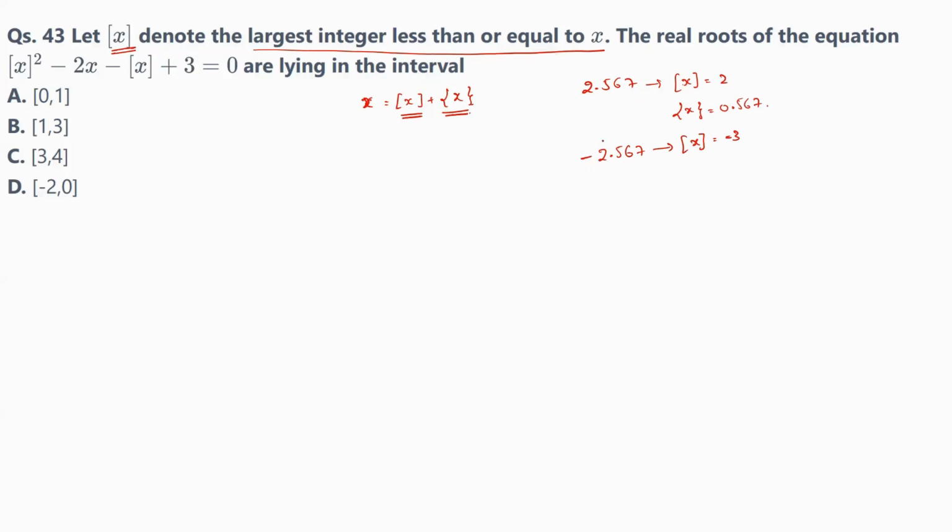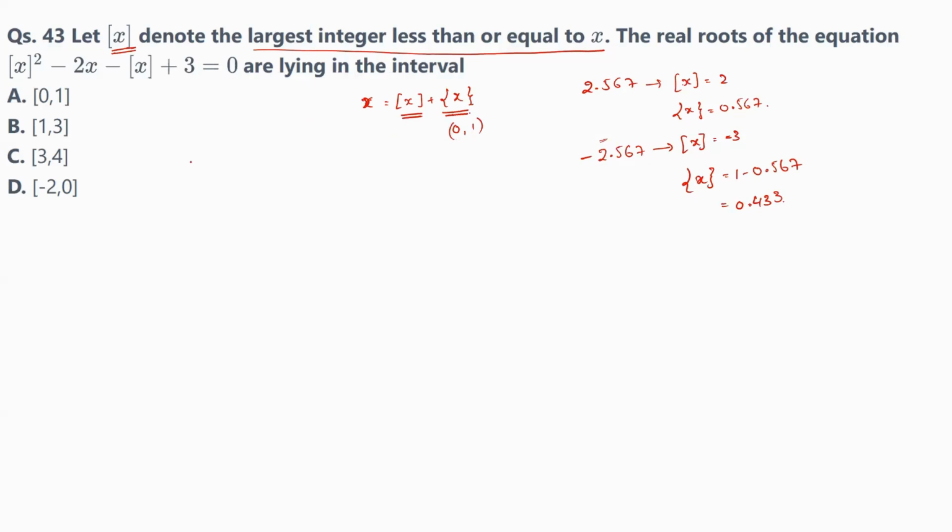If you take -2, that is more than this, so you take -3, and the fractional part of x would be 1 minus 0.567, that is 0.433, right? So remember that this is always between 0 and 1, with 0 and 1 not included.